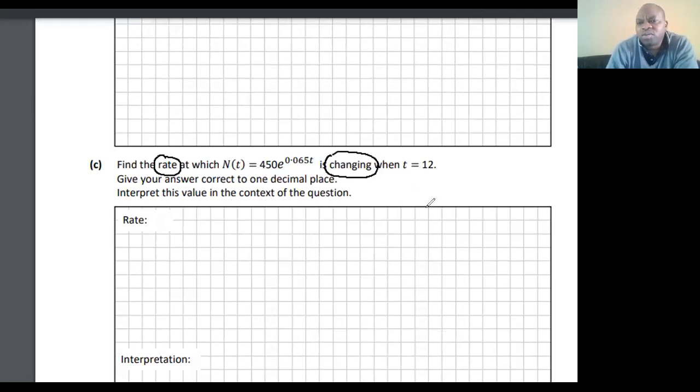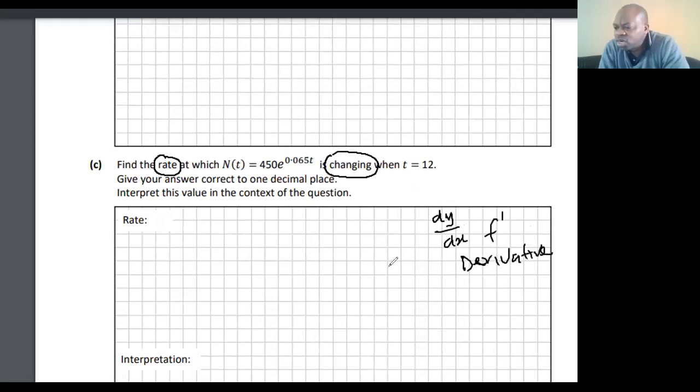It is differentiation, your dy dx, or your dash, or your derivative. So that is what rate of change is: the rate of change of one thing with respect to the other. So that is differentiation.